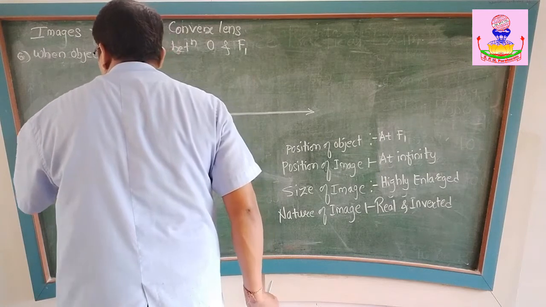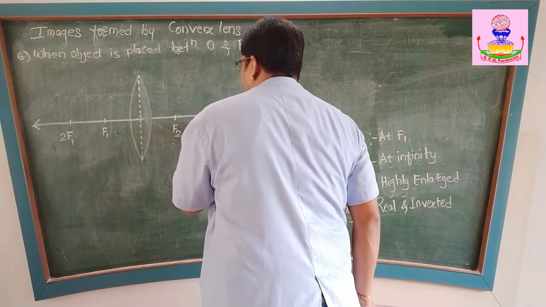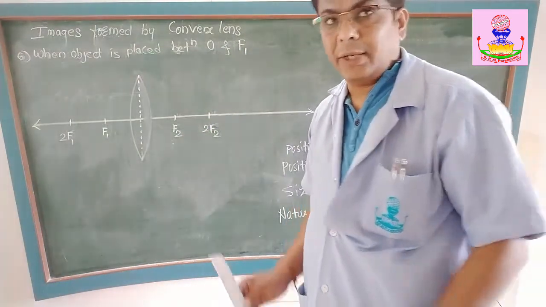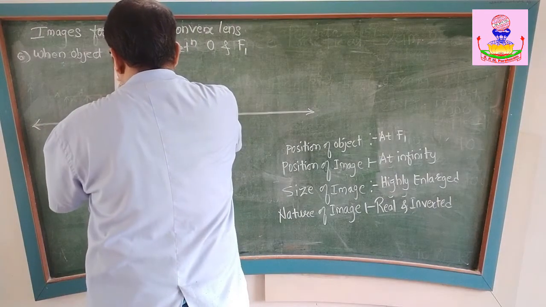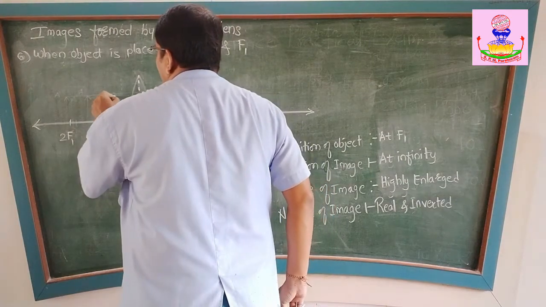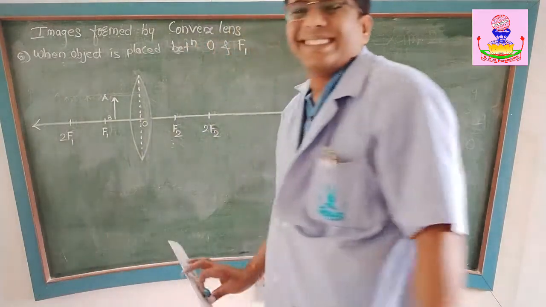This is F1, this is 2F1, this is F2, this is 2F2. Okay, so the object is placed between F1 and O. This is the optical center, right? So this is the object AB.